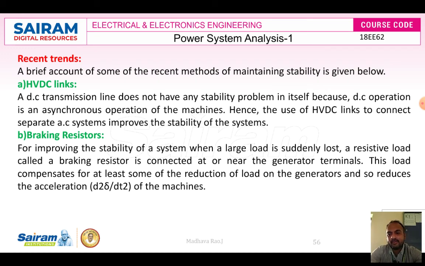And braking resistors, for improving the stability of a system when a large load is suddenly lost. Suppose one factory with a constant load is connected to the system, and suddenly the factory is stopped, the entire large factory is shut down. What will happen?